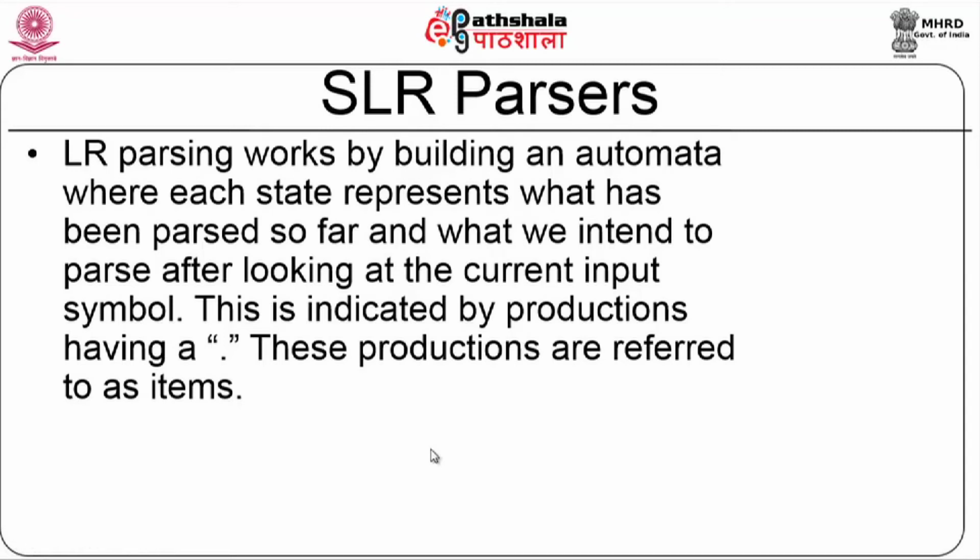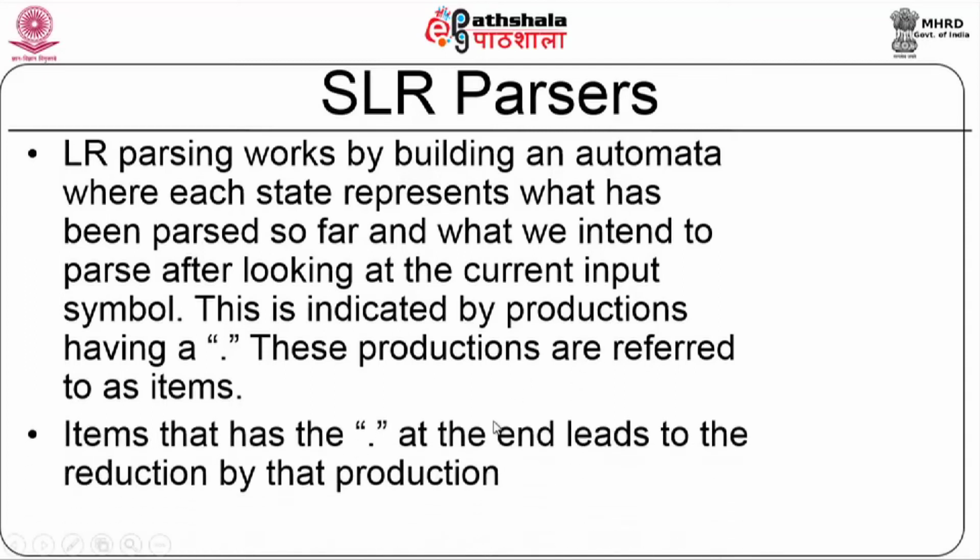Now, how do I construct these items? To construct these items, I need to position a dot. So, in the grammar, if the RHS has a dot, that is looked upon as an item. And the SLR parser requires what are called LR of 0 items.